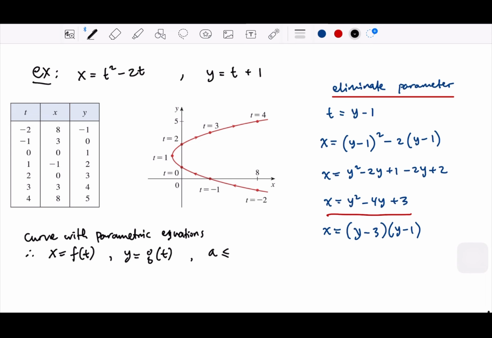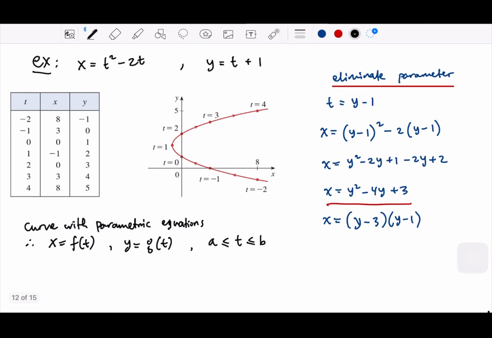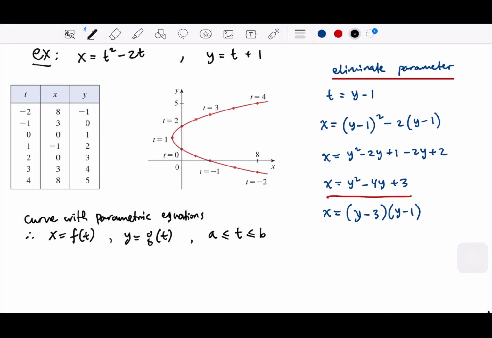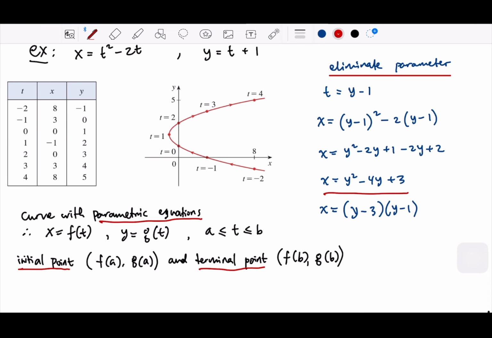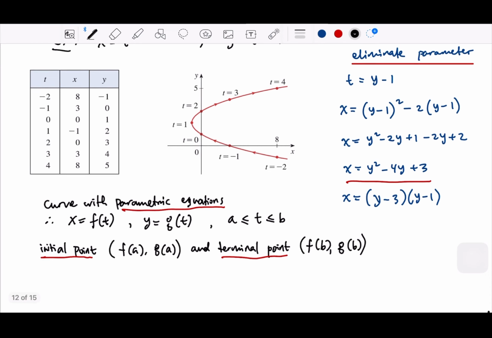Let's say the range is from A to B. So you have the initial point, f(a), g(a), and the terminal point at t equal b, of course, which will be f(b), g(b). That's the conclusion.